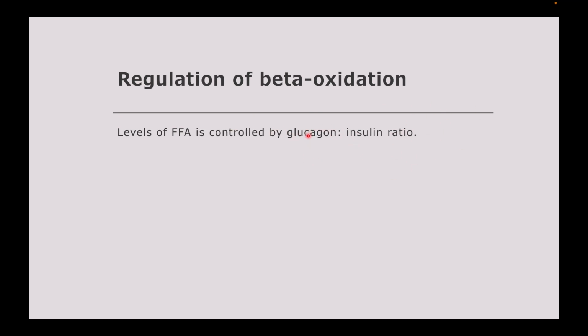So glucagon gets activated when there is less glucose available, like during starvation, and insulin gets activated when there is a lot of glucose present, like when we are eating and after eating, because then you have tons of glucose that you need to control. So glucagon increases the free fatty acid levels, because this is a starvation condition, which means you need glucose. So during this condition, you utilize the fats that are already present. So it increases the free fatty acid levels.